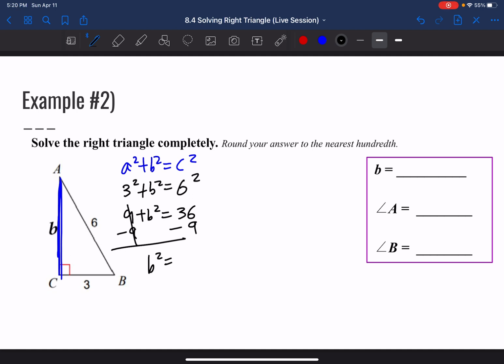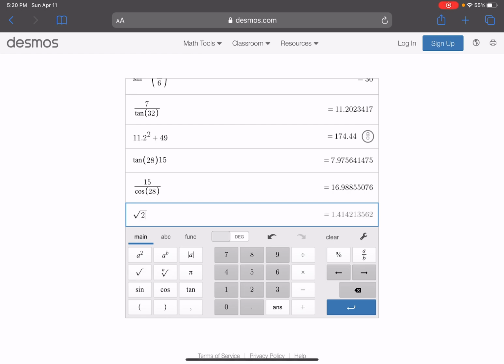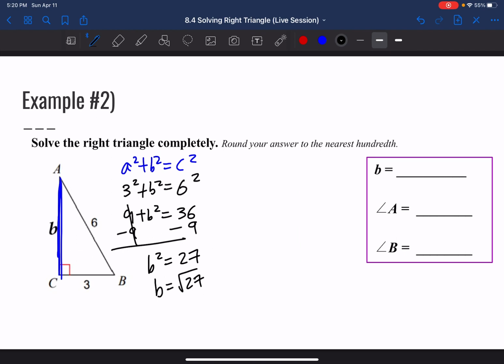So b squared equals 27. And you take the square root, right? So b equals square root of 27. If you use a calculator, square root of 27 will be about 5.196. So I'll do 5.2. Okay, so that's my side. So I found this.